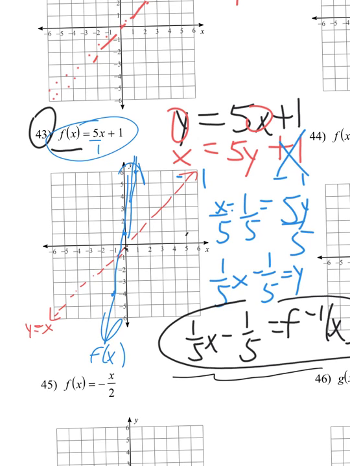If I went down 1, left 5, I'd be just a little bit below negative 5, negative 1. And we draw that line. So there is f inverse of x. So I would like you to label them, and I would like you to draw the y equals x line on there as well. Okay, and notice if it is reflected, if we folded it there, they would match up.